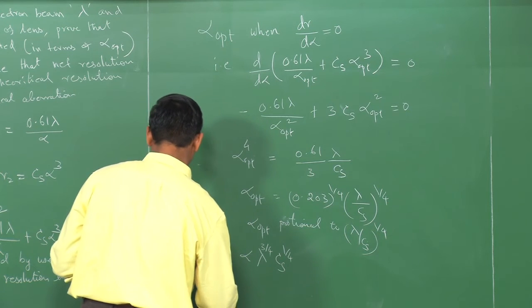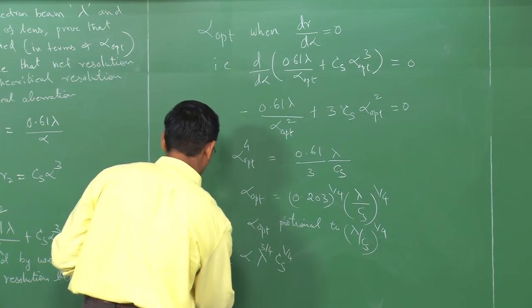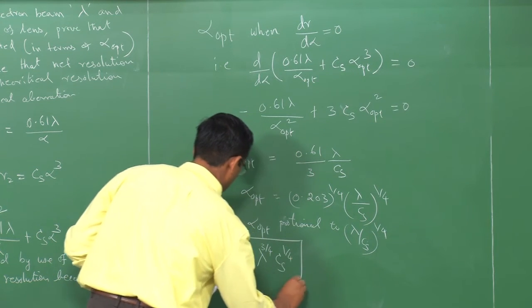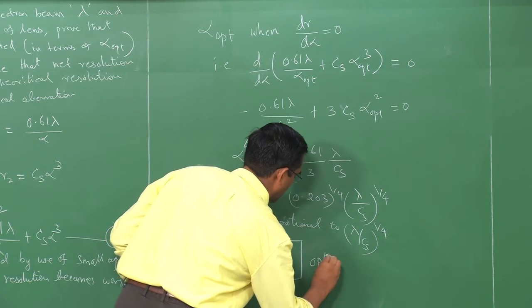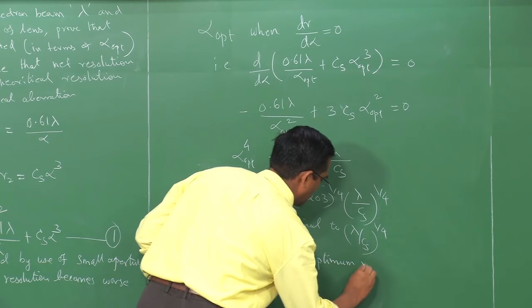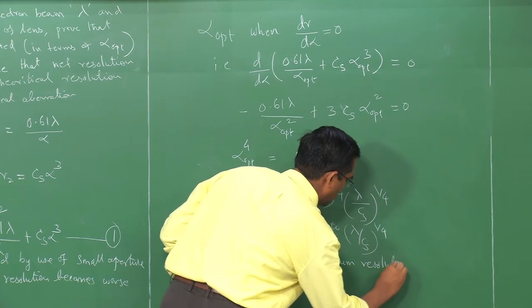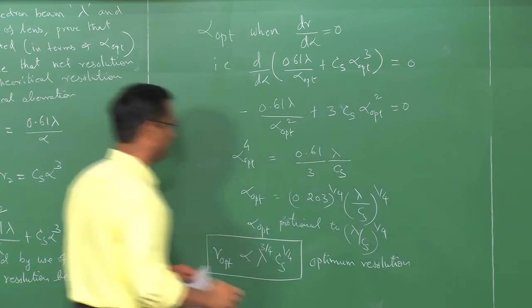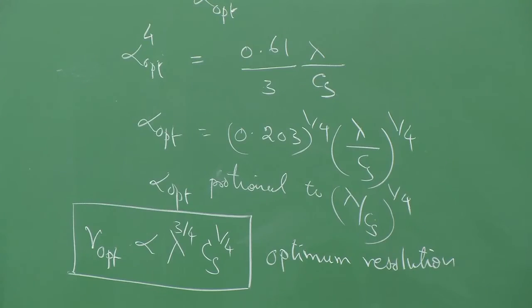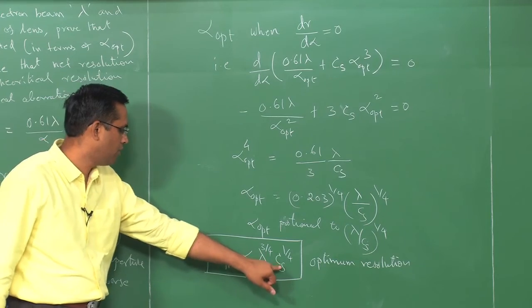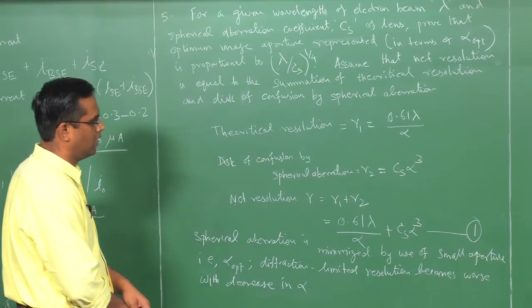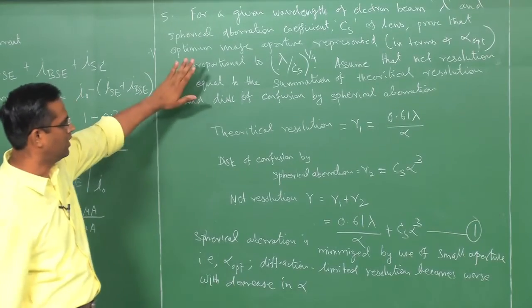So, for optimum resolution, R opt is proportional to lambda to the power 3 by 4 and Cs to the power 1 by 4, which gives an expression for this given condition.